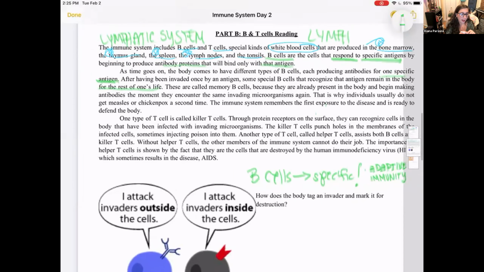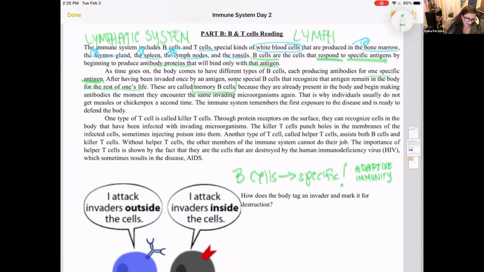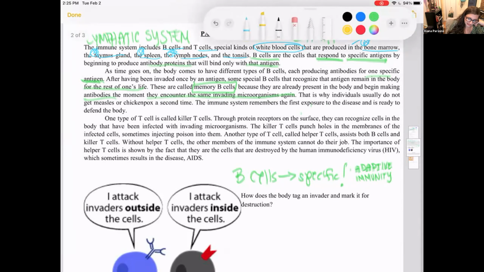These are called memory B cells because they are already present in the body and begin making antibodies the moment they encounter the same invading microorganisms again. That is why individuals usually do not get measles or chickenpox a second time. The immune system remembers the first exposure to the disease and is ready to defend the body. And that's sort of the key phrase there.